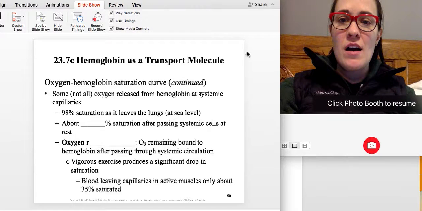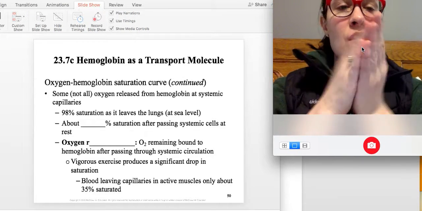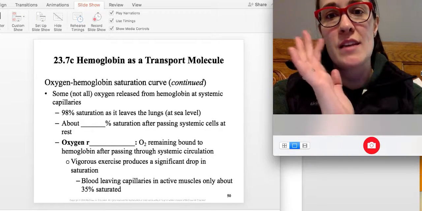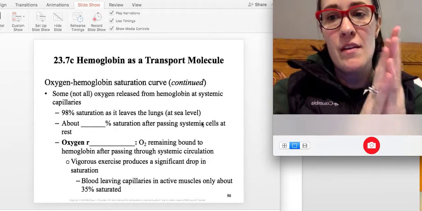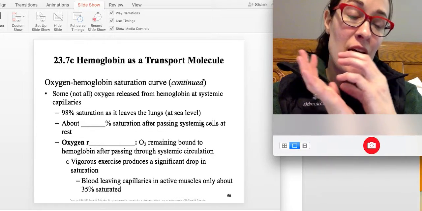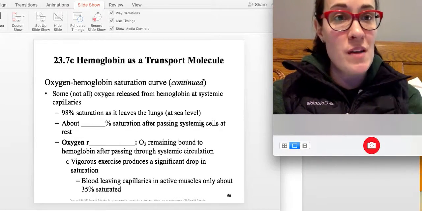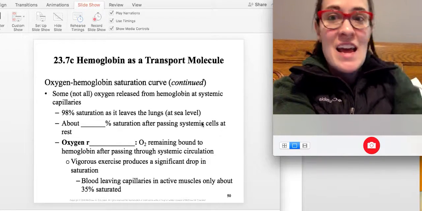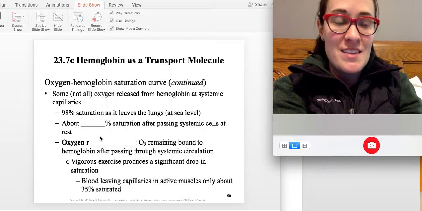Okay, so like I said, when you bring that oxygen into your blood, there's 98% saturation at the lungs. Now get this, when your blood high in oxygen drops off oxygen in the tissues of the body, after it drops off the oxygen, it's still about 75% saturated.